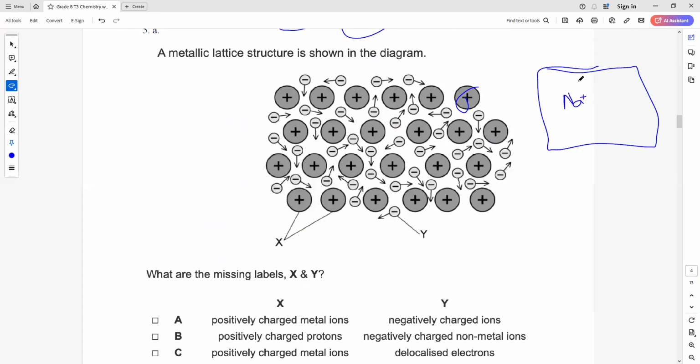Let's say this is a chunk of sodium metal. Now in sodium, we will have a lot of sodium atoms. Sodium has 1 extra electron in the outermost shell.